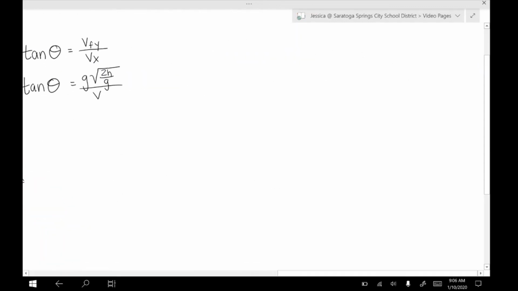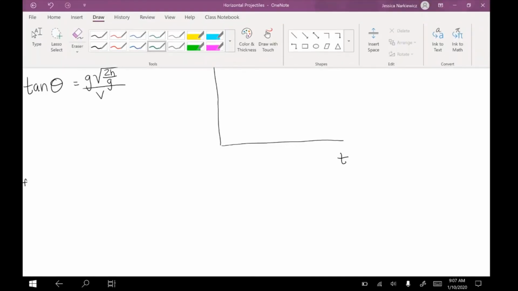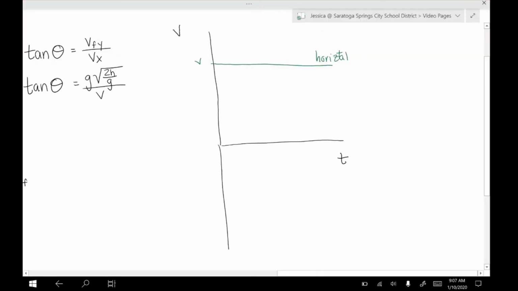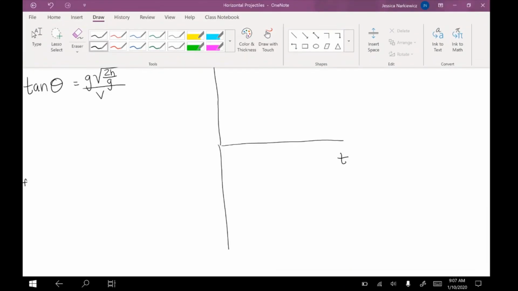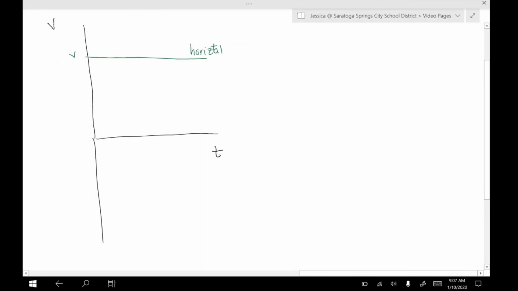So now let's talk graphs for a horizontally projected object. Velocity versus time graph. We have two different directions, so I need to use two different colors. The horizontal velocity is going to remain constant at some constant velocity v, whereas the y direction velocity, which I'm going to draw in red, is going to increase as time goes on, and specifically it's going to increase in the negative direction.